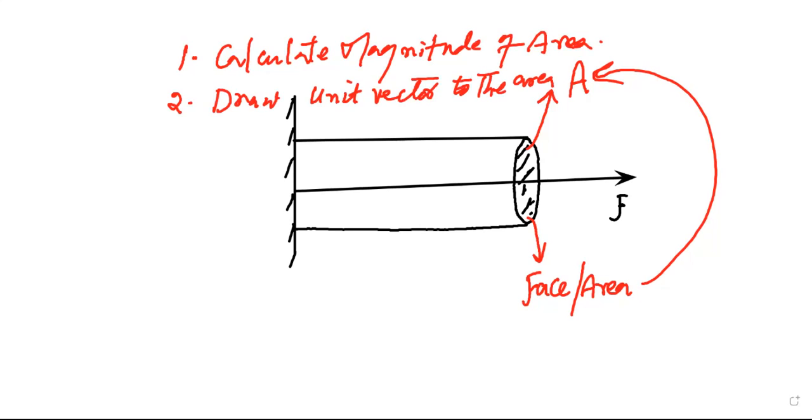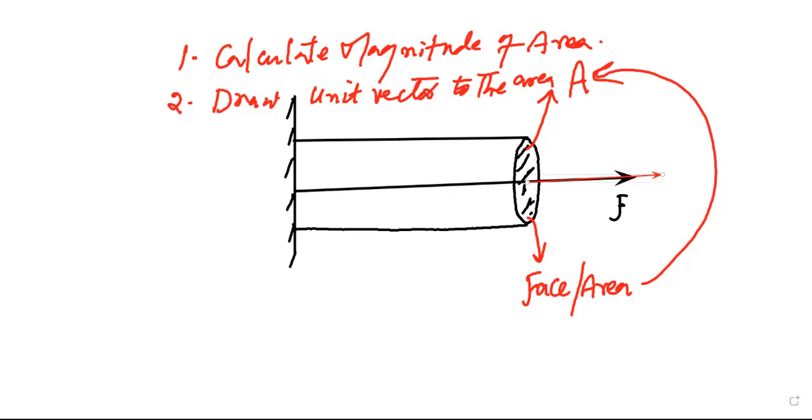What do I mean by drawing a unit vector to the area? On this area, you have to draw a unit vector in such a way that it is perpendicular to this area. So if I draw a unit vector to this area, I can draw a unit vector like this.